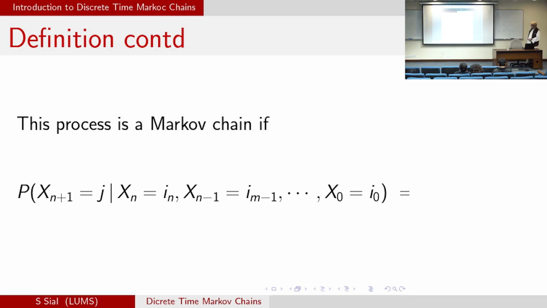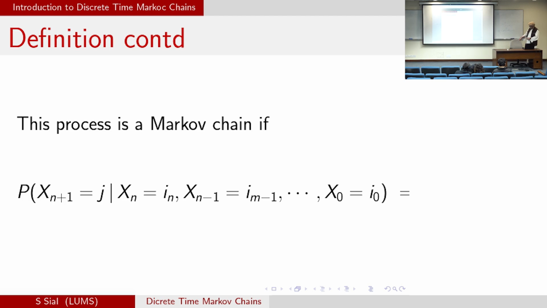All right. So we call this process a Markov chain if the probability that the system is in the state j at time n plus 1, given that it was in the state i sub n at time n, and we list all the previous history, right?